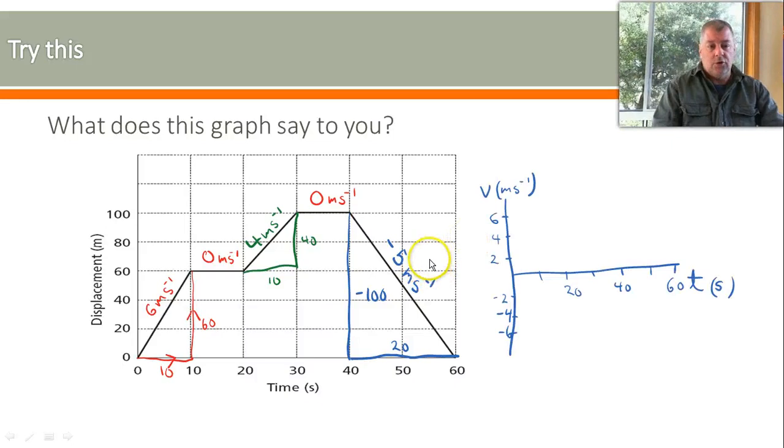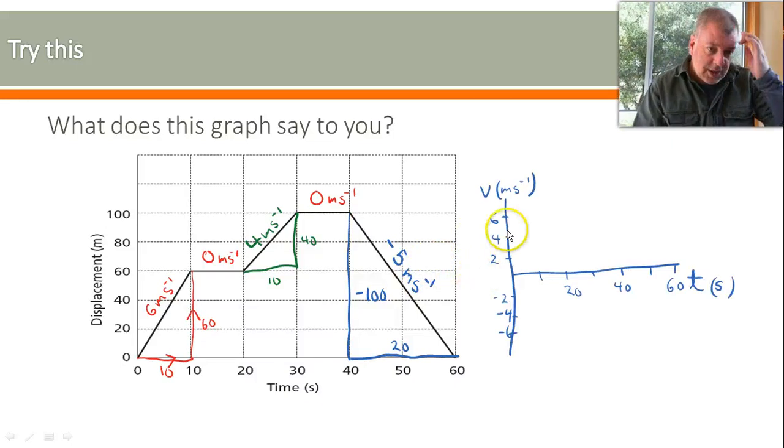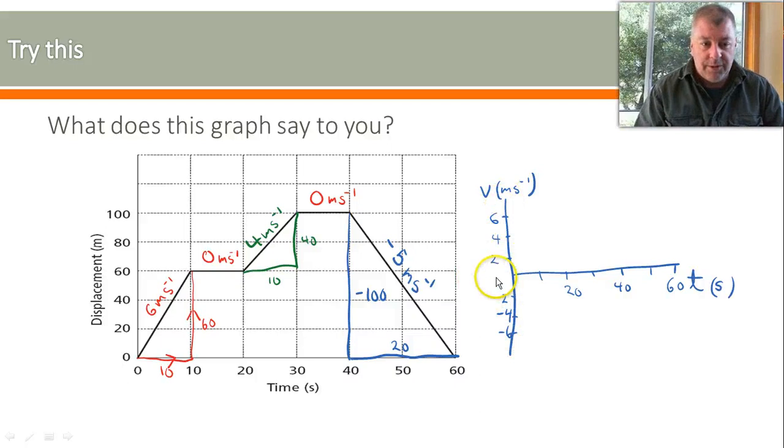And so you need to draw your axes. Now if it's a sketch, I should have used a ruler, but I can't use a ruler on this thing, so you would have used a ruler, and you need to have some data points because you put as much data as you've actually got, but not so much that it actually crowds your story. So this will be a velocity time graph, so we've got our units and our labels.